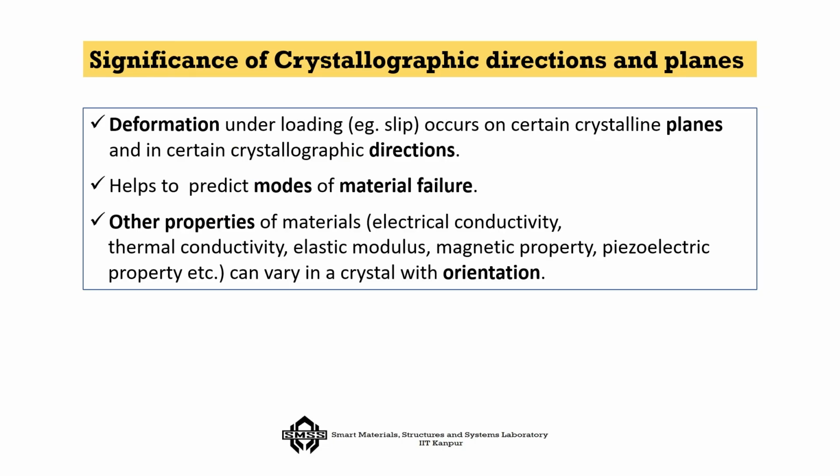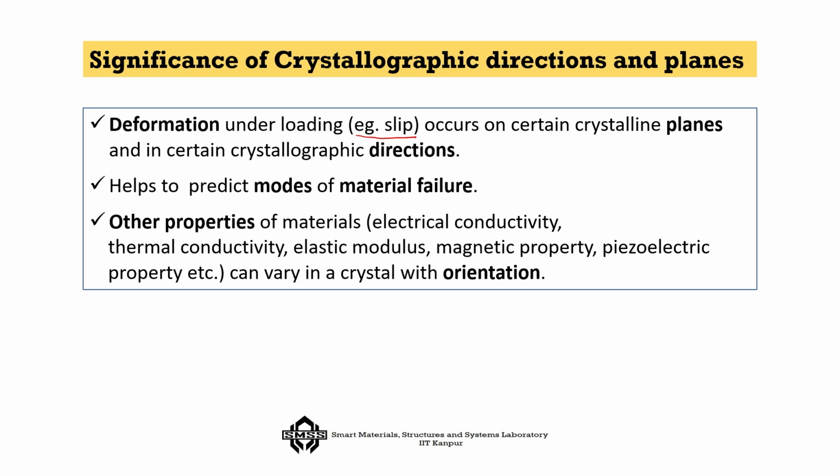First of all, what is the significance of crystallographic direction and planes? The crystallographic direction can give you an idea about the deformation under various loading conditions, because it is the crystallographic direction that controls a very important parameter called slip.